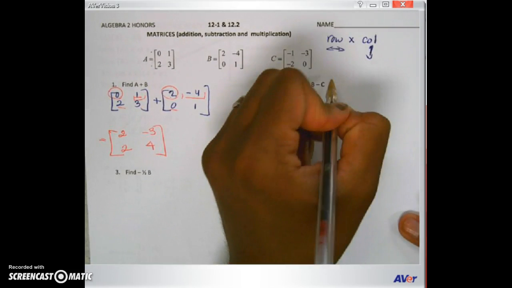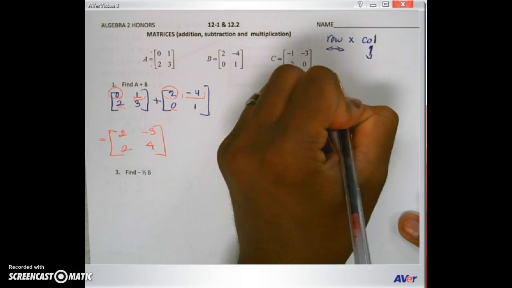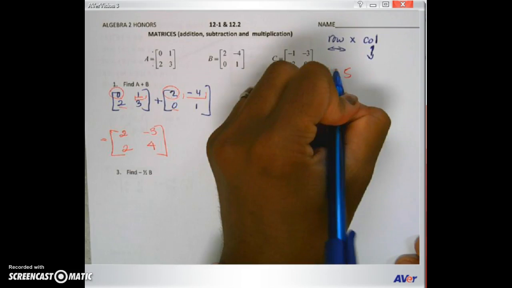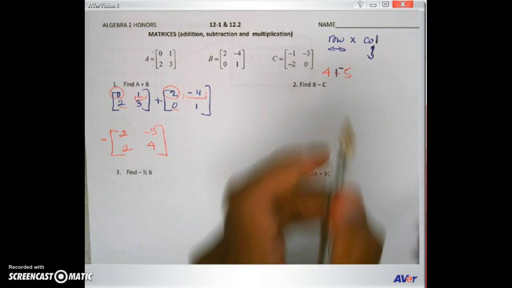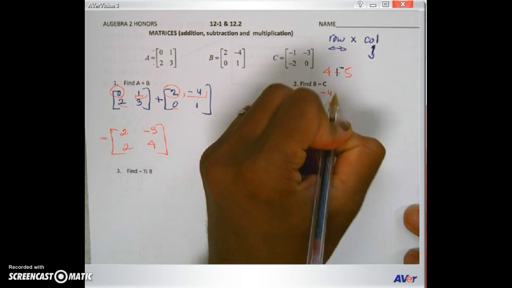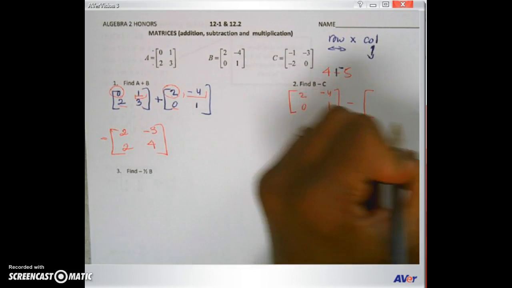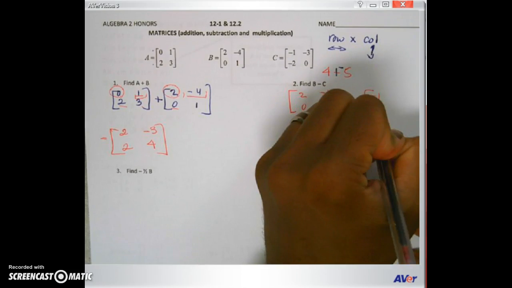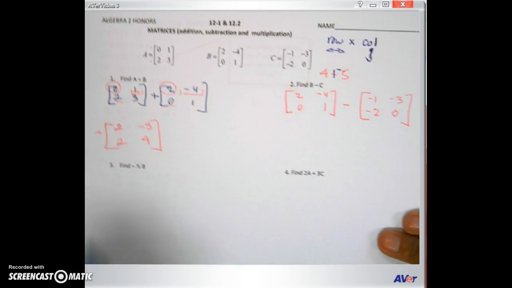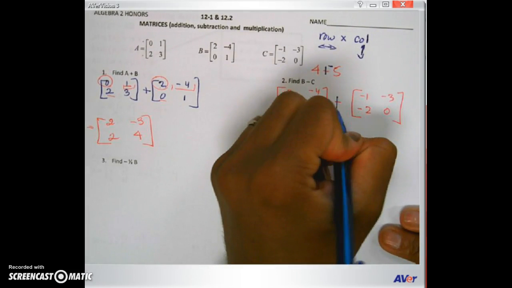Subtraction, not very much different. One thing I will remind you though is, think back a few years for some of you, when you were subtracting integers. Remember that you had to add the opposite. Same thing happens here. So your setup is 2, 0, negative 4, 1, minus matrix C. And so the only thing for subtraction is that you have to remember to add the opposite.